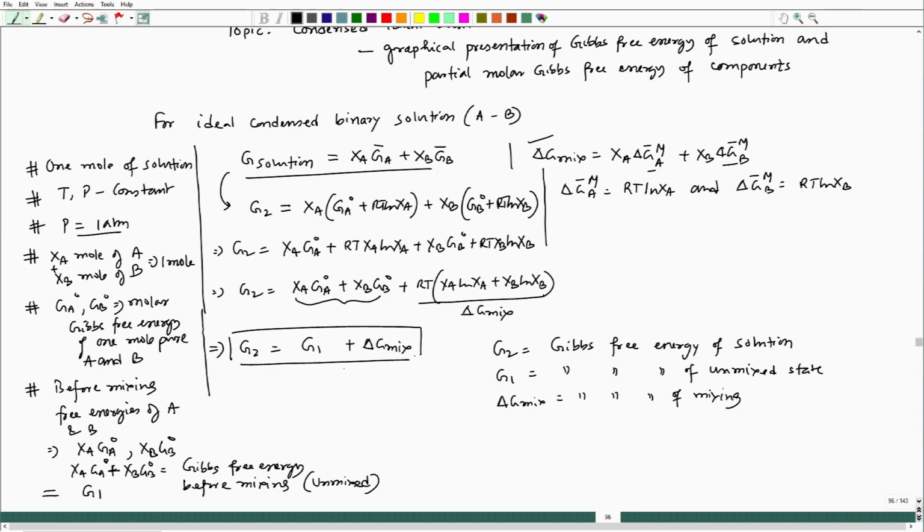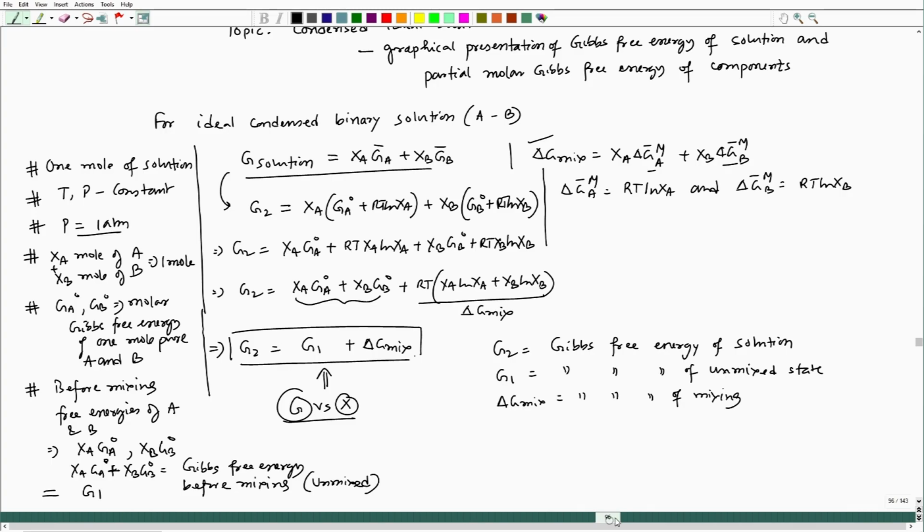Now this can be presented on a G versus X plot, where X is the mole fraction and G is the free energy. So, let us look at how it is reflected in that graph.